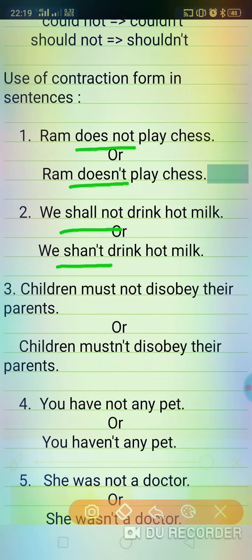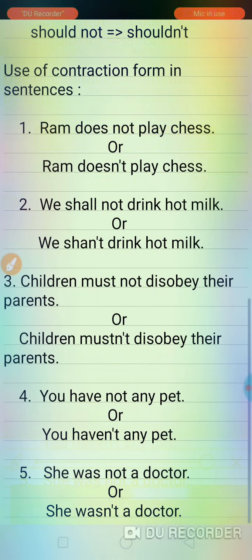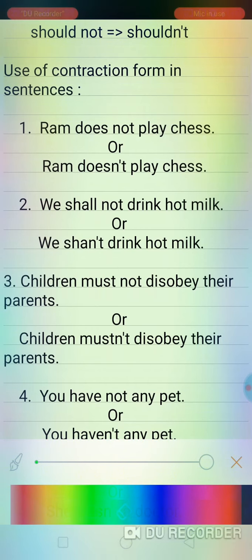And in the further sentences, children must not disobey their parents. And here, children mustn't disobey their parents. Mustn't is the contracted form of must not.